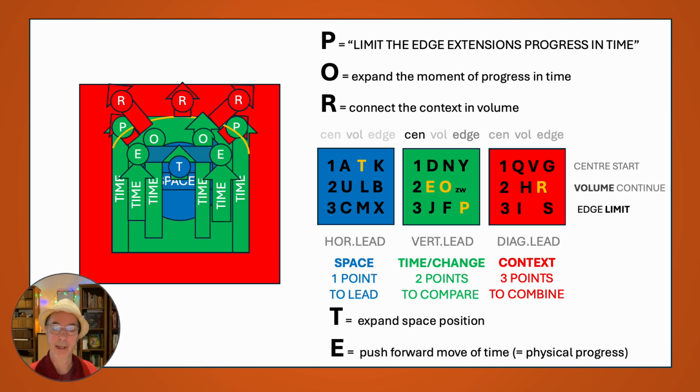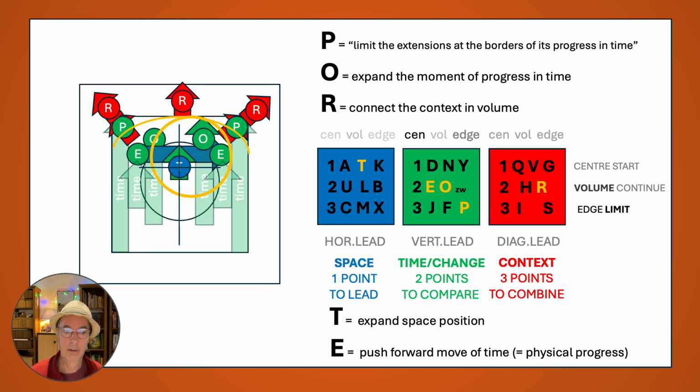And then, of course, the pushing forward of time. With a horizontal push, it will be pushed forward in time as a physical progress, in this case, with the letter E. Now, how can we translate that then into a word?